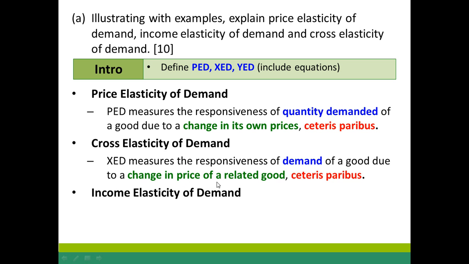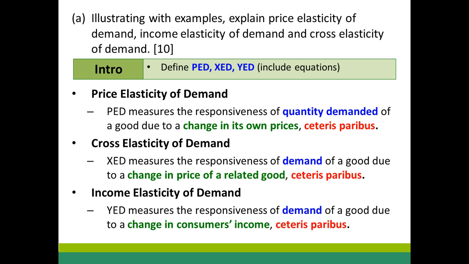Now, price of a related good is a non-price factor of demand for the good that is in question. Okay, don't be confused by this. So finally, for income, same thing, because income is a non-price determinant of demand, so it also measures the responsiveness of demand and not quantity demanded. Okay, and make sure you have all the ceteris paribus present in your definitions.